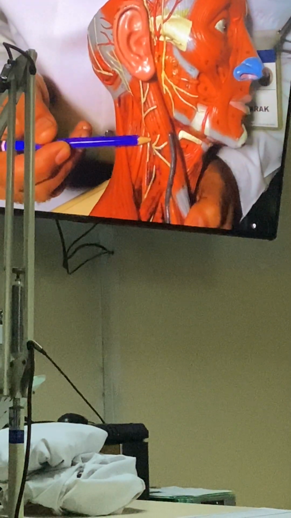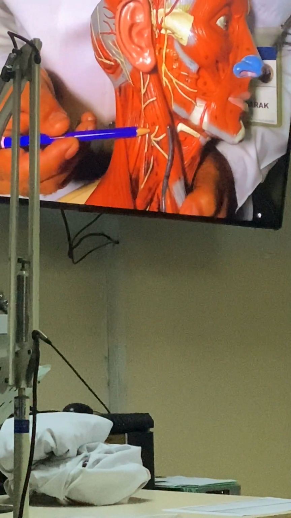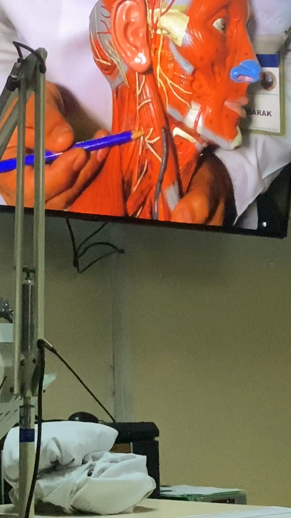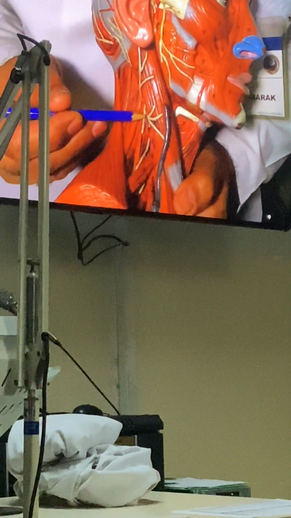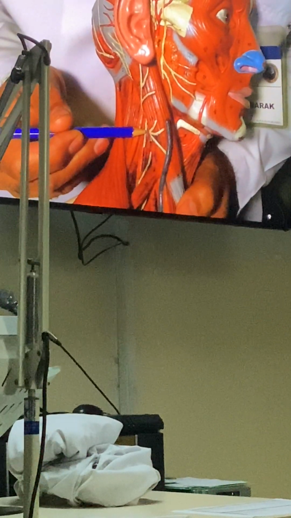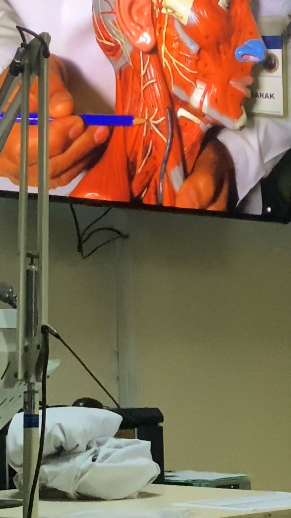So from this same point, the middle of the posterior border of sternomastoid, the manufacturer demonstrates what is deeper to the supraclavicular nerve, that is this nerve, which is the spinal accessory nerve. It also originates from the middle of the posterior border of sternomastoid.